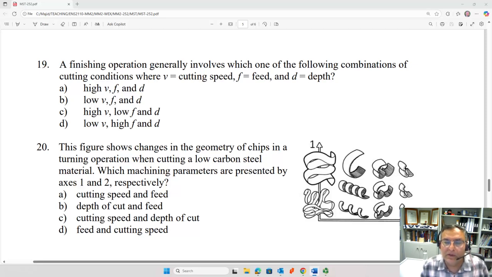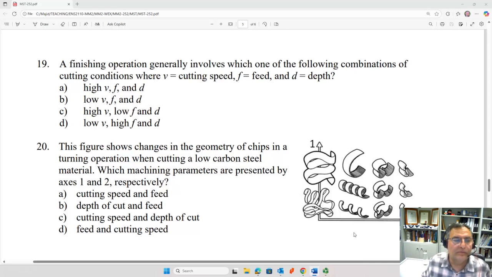So this is representing the depth of cut. And in the horizontal axis, as we move from left to right, the length of the chip is decreasing. So 1 is representing depth of cut, and 2 is representing the feed. So B is the right choice.